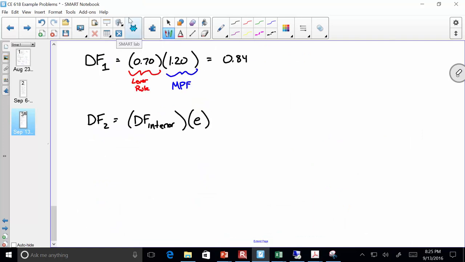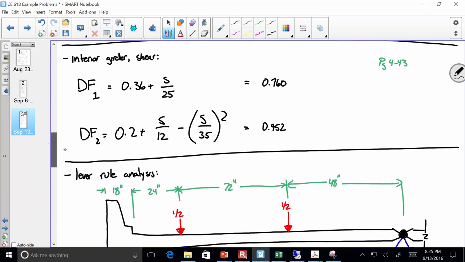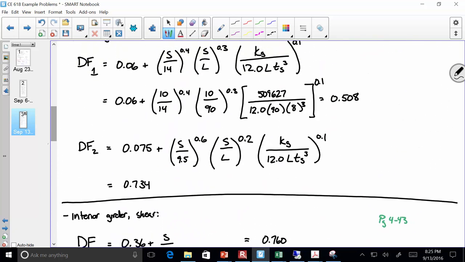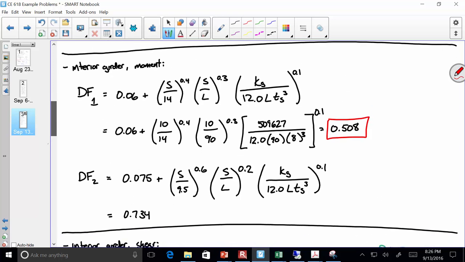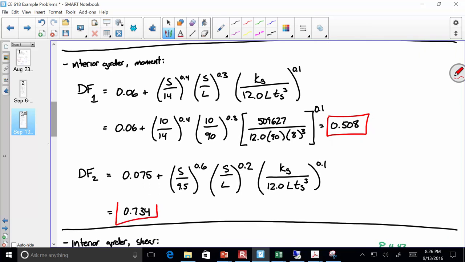I propose we take our interior girder distribution factor, which, scroll up a little bit, was our worst case scenario. We're talking about interior girder moment. So we had 0.508 and 0.734, right?